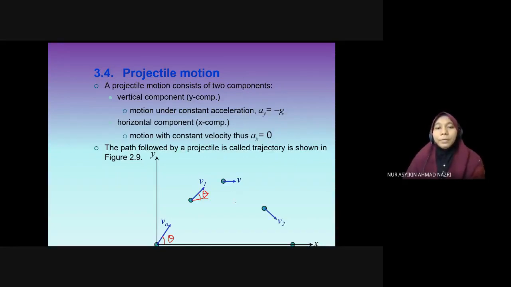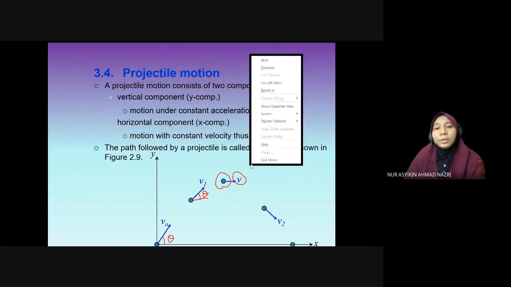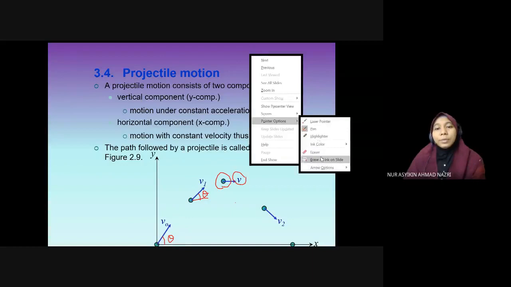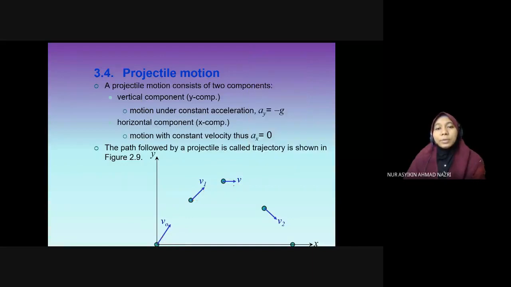Even at the top point, at the maximum height, the object still has X, and you can see the direction is towards X. There is no vertical direction because we agree that Vy at the top will always equal 0.